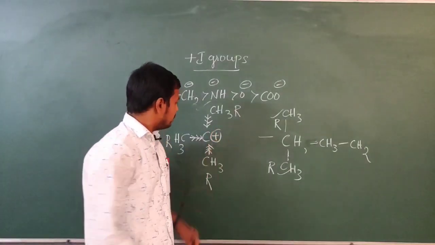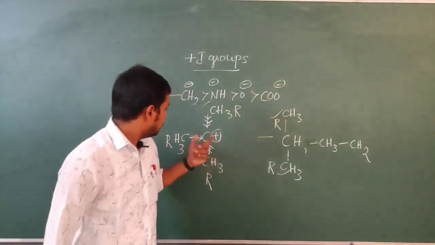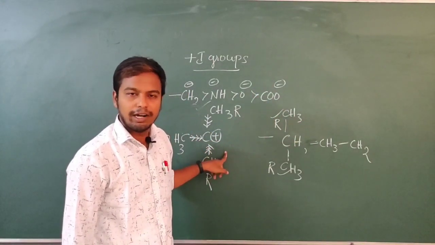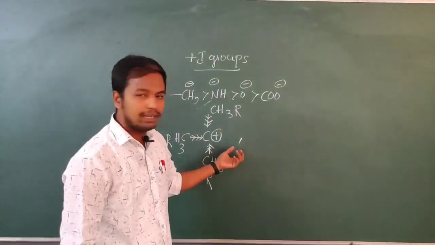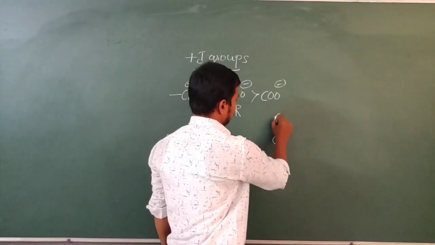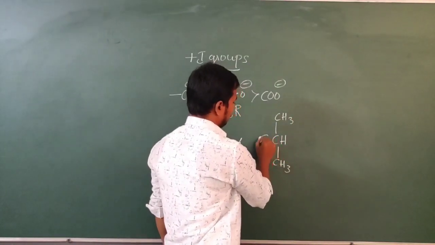So here that carbocation attains stability. The tertiary carbocation is the stable one. We will move to the secondary carbocation, that is CH, CH3, CH3 and it's a carbocation.